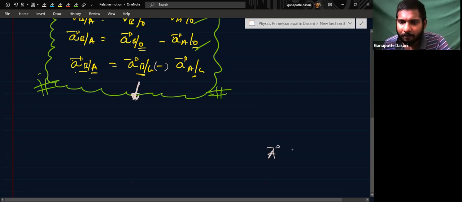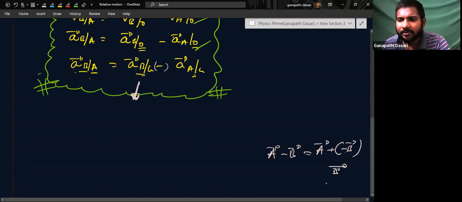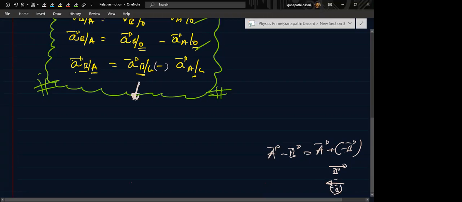A vector minus B vector is nothing but A vector plus minus B vector. That means you reverse, this is B vector, minus B vector is nothing but same magnitude and just reverse the direction, isn't it?